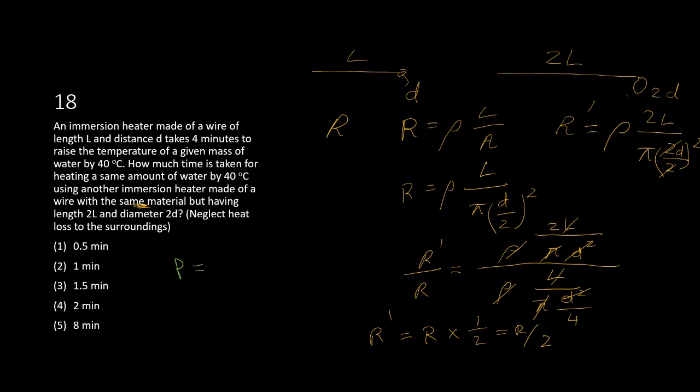So power P is equal to VI, or you can write it using the resistance as V squared over R. Power means the amount of energy which is used or generated per unit time. So power is equal to energy over time.